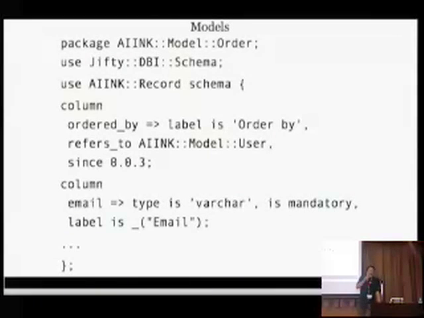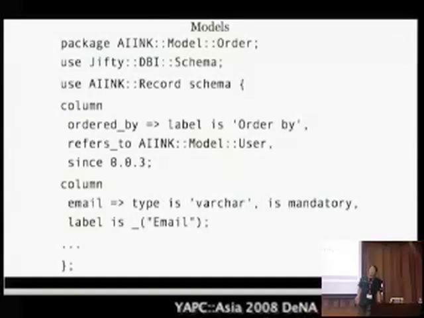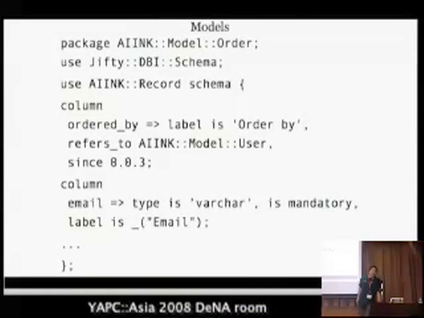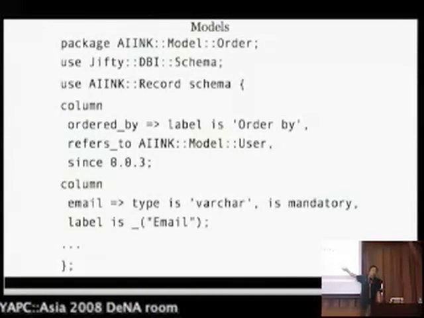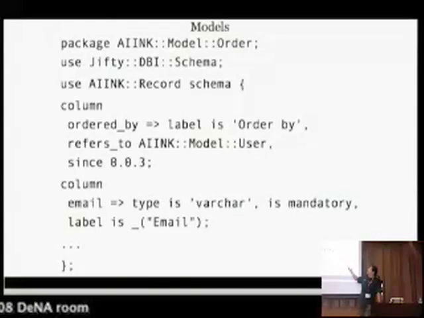Anyway, sorry. So for example, if you build a database-oriented website, you usually have to do a SQL database declaration and all the model and the data mapping things. But in Jifty, it's very declarative. You just mention that there's a model called order with some references. For example, order by is referencing users.